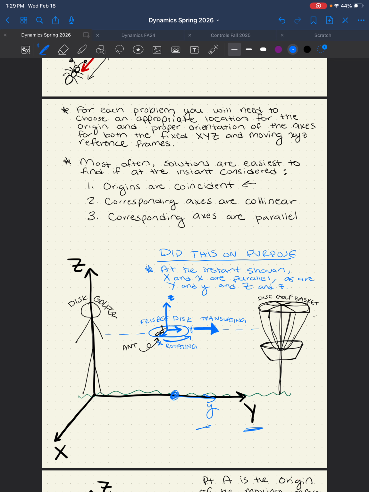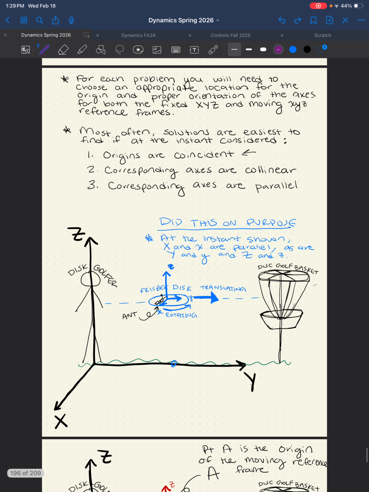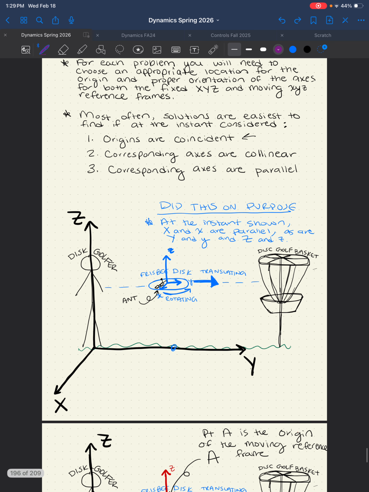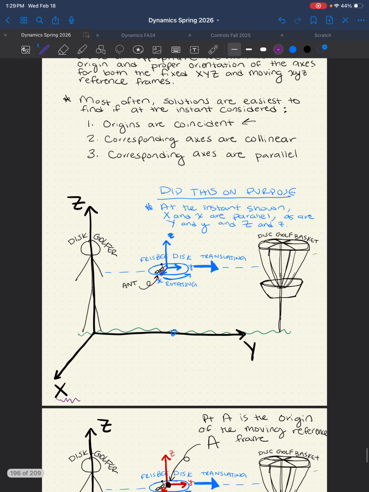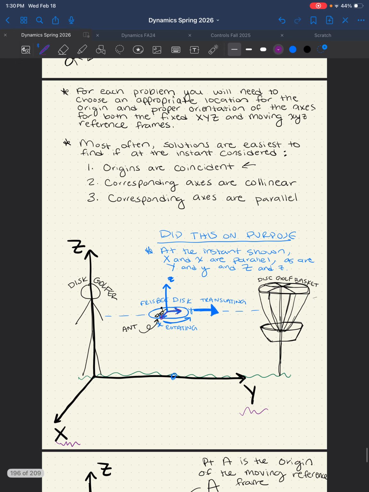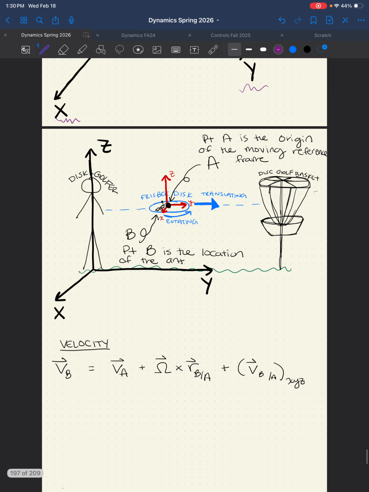And then also if corresponding axes are parallel, this is going to be nicer as well. So the way that I drew it in the Frisbee golf example, I did very much on purpose, right? So I put the x direction on the little frame parallel with the x direction of the big frame. The y direction of the little frame is in the exact same direction or parallel to the big Y frame, and same with the Z frame. And I did that on purpose. Okay, so you'll get a handle for this as you do more problems.